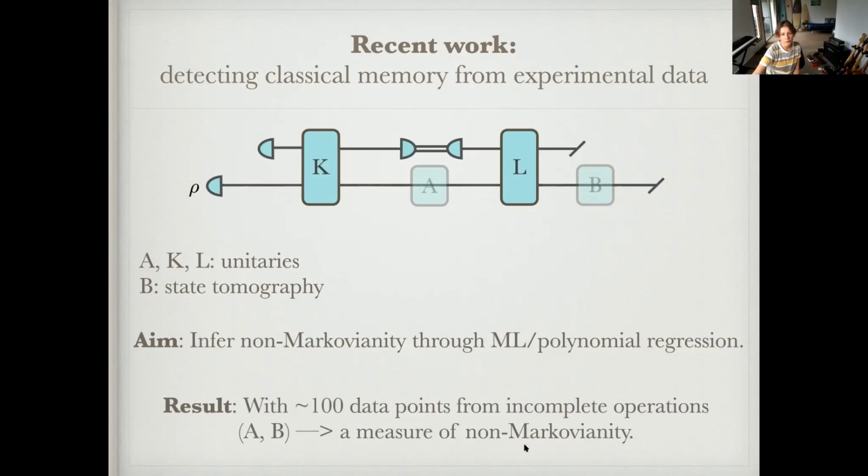So for a measure, we used the relative entropy of the process with the corresponding Markovian process. And the result was that we just used polynomial regression because it was doing as good as the machine learning, even a little bit better. And the model can predict with accuracy of 92% the measure of non-Markovianity given the data from A and B.